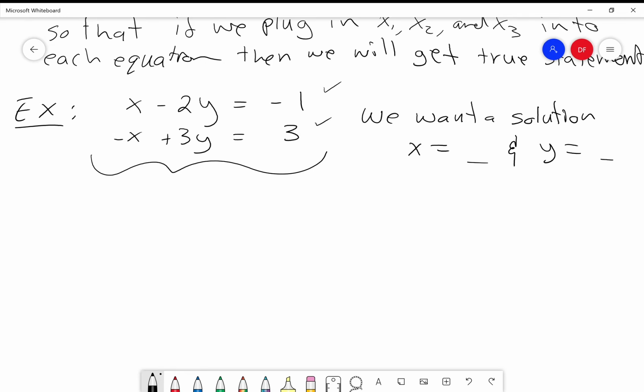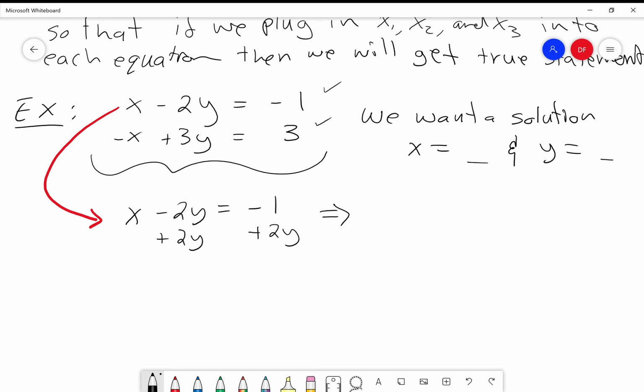So what I can do here is take the first equation and say x minus 2y equals -1. So I add 2y on both sides. And I get x equals 2y minus 1. And then from this equation here, I get negative x plus 3y equals 3.